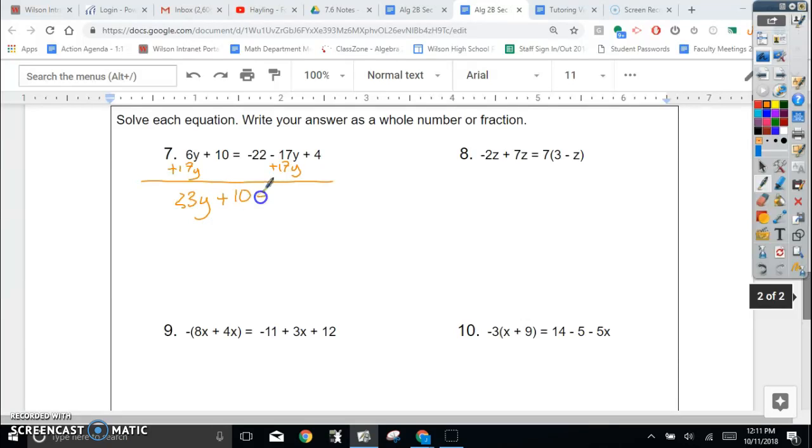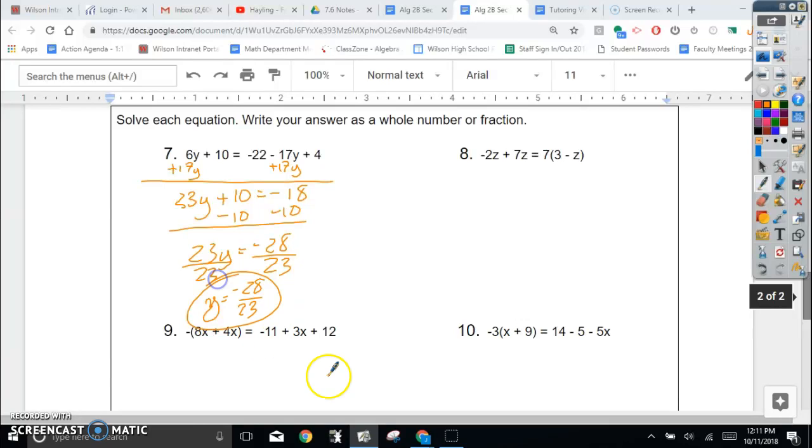This would be plus 10. Negative 22 and 4 make negative 18. I'm going to subtract 10 over. I'm going to get 23y equals negative 28. Divide by 23. y is equal to negative 28 over 23. All right?